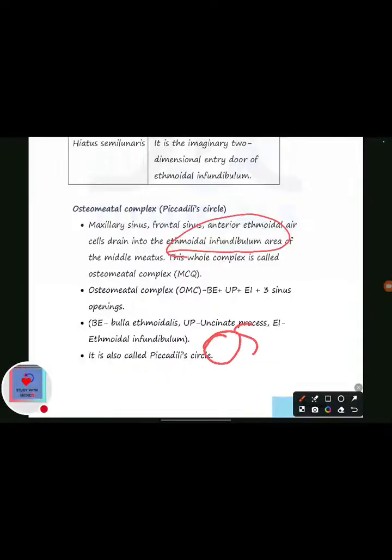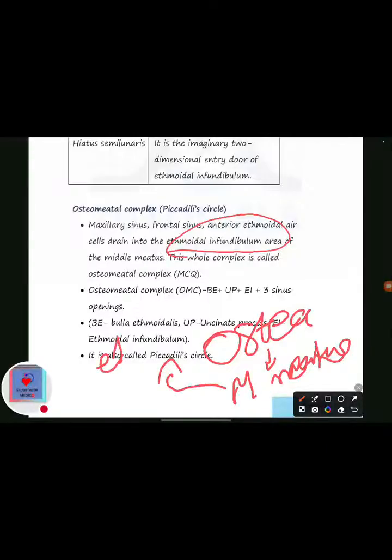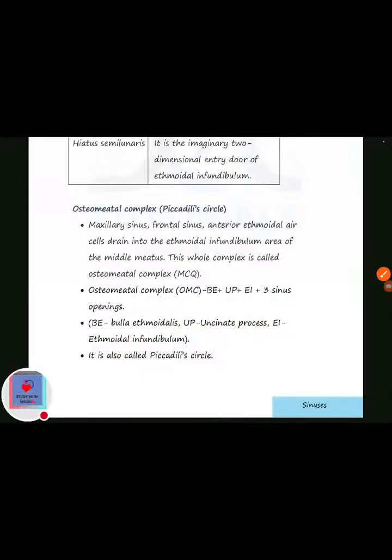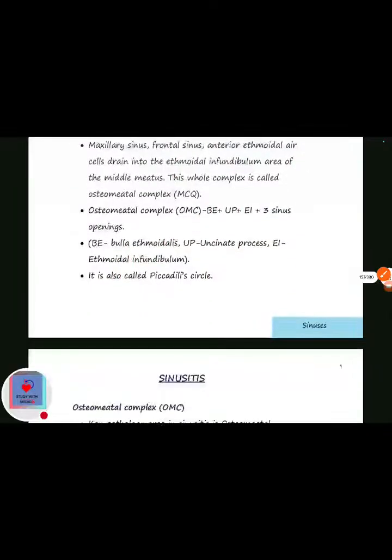All ostia open into the middle meatus, specifically in the ethmoidal infundibulum.